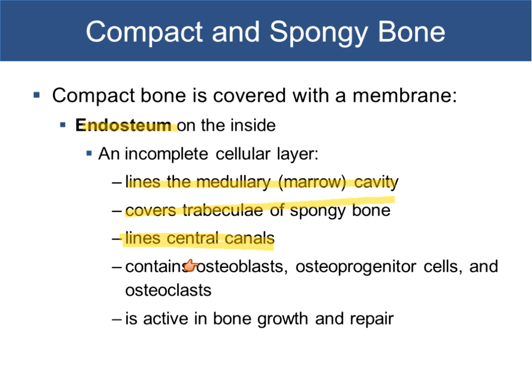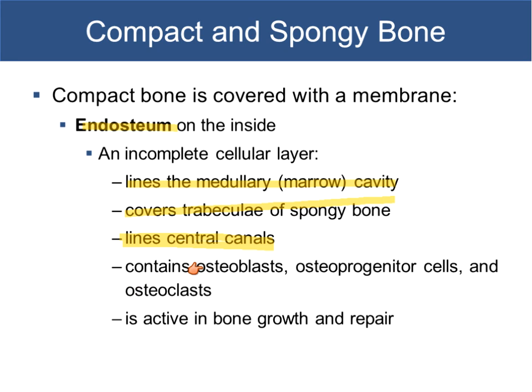Very important aspect of the endosteum is that it contains osteoblasts, osteoprogenitor cells, and osteoclasts. So 3 out of those 4 different types of bone cells are found in the endosteum. So that's why we call it an incomplete cellular level, because it doesn't have any osteocytes, which is okay because we have osteocytes in the osteon of compact bone, and we also have osteocytes that make up the trabeculae of spongy bone.